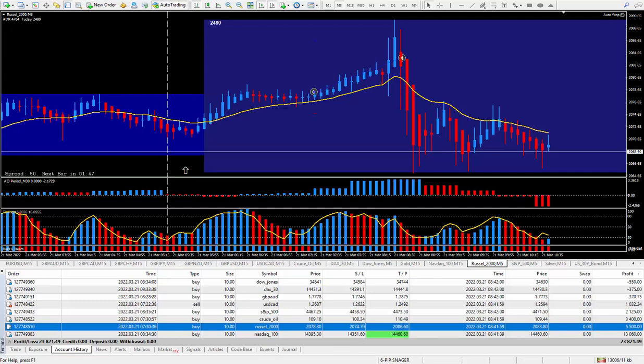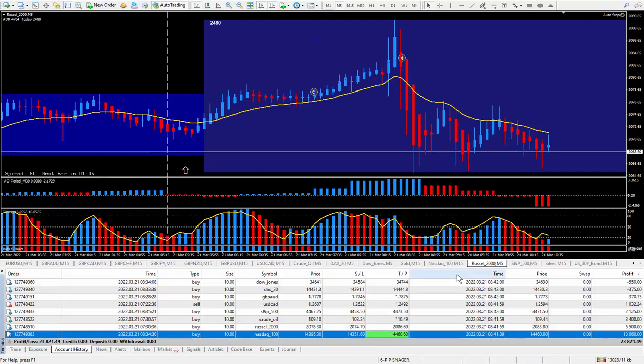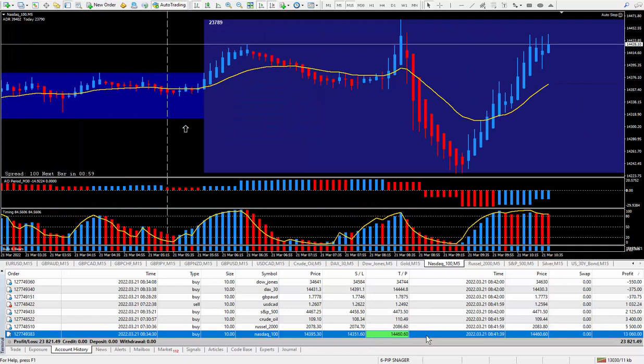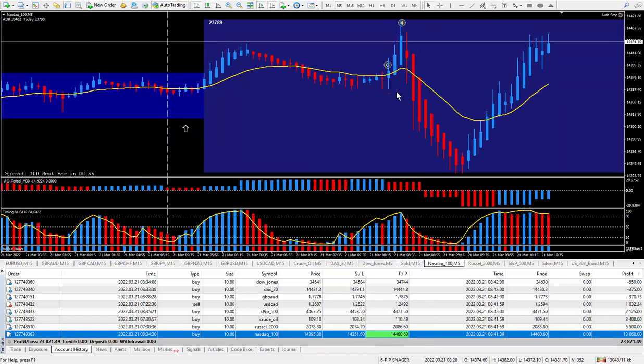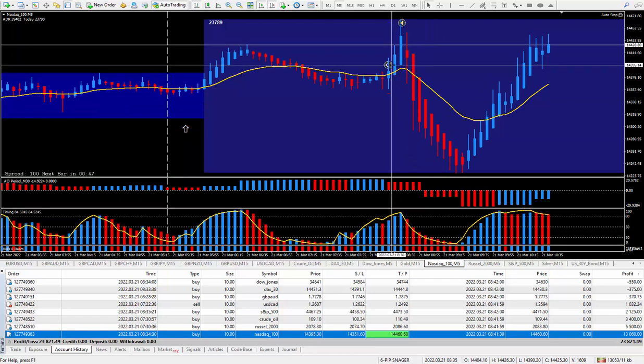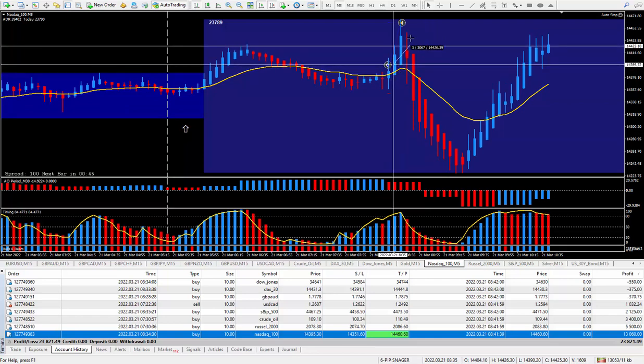Moving on to the last trade, Nasdaq. This one pays $20 a pip. I'm going to drop it down to the 5 minutes. Let's see where I got in at. Here we go. Another one. Don't know why it did this complete reversal, but just make sure you keep an eye on your charts.